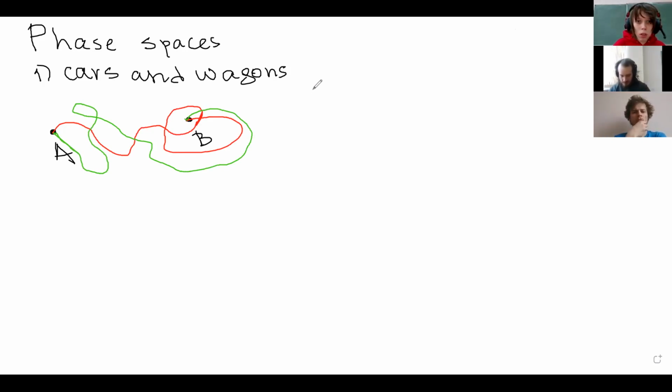And we know that two cars went from A to B, and they were connected by a rope. And I think the length of the rope is less than 10 meters.